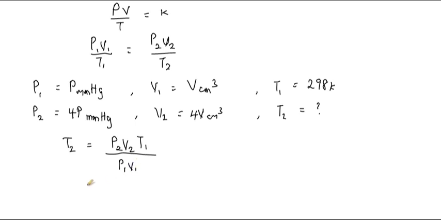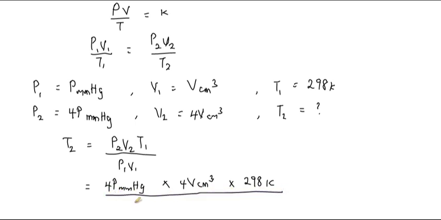So let's substitute. We have P2 to be 4P millimeter mercury and V2 to be 4V centimeter cube, multiplied by T1, which is 298 Kelvin, all divided by P1, P millimeter mercury, multiplied by V1, which is V centimeter cube.